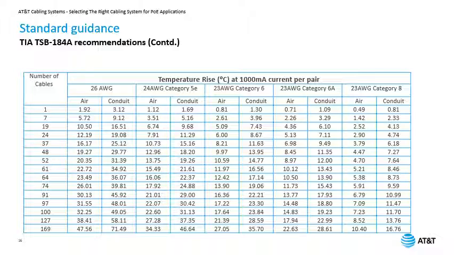TIA TSB-184A did the same experiment but with 1000 milliampere current per pair, and here the values are increased from the previous table. We are going to see the graphic representation of this table in the next slide.